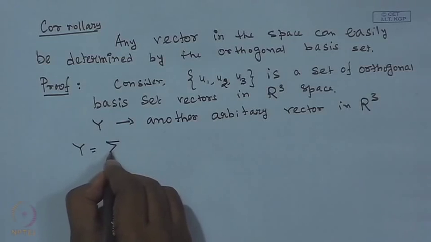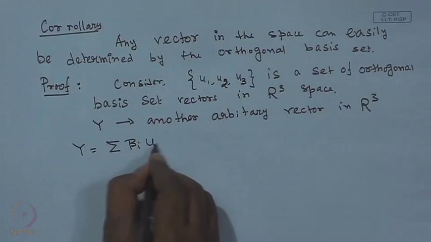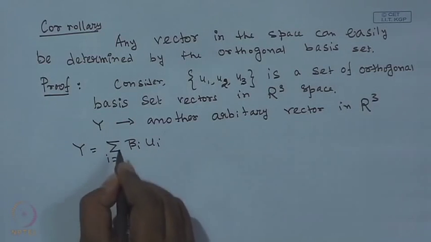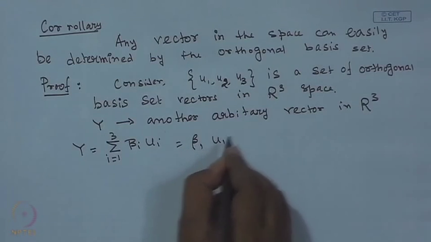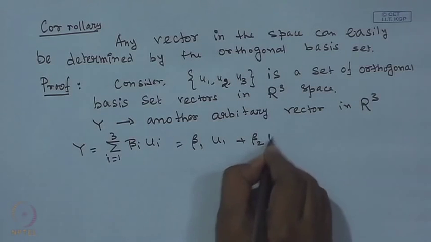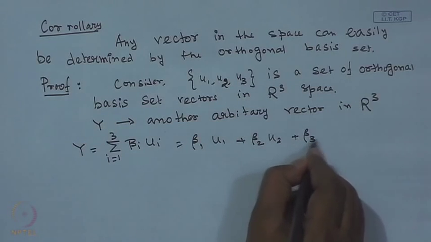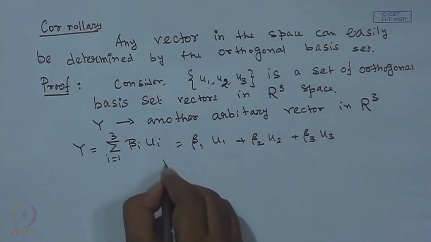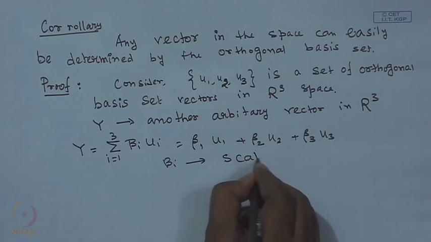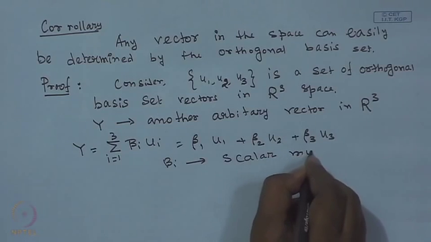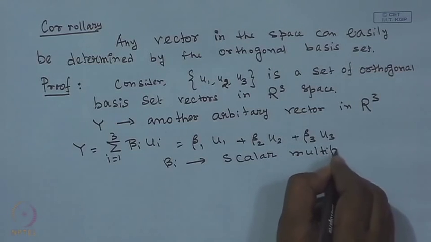That means, y can be expressed as the sum of beta i ui, where the index i runs from 1 to 3. So, this will be beta 1 u1 plus beta 2 u2 plus beta 3 u3, and these beta i's are nothing but scalar multipliers, as this is a linear combination.